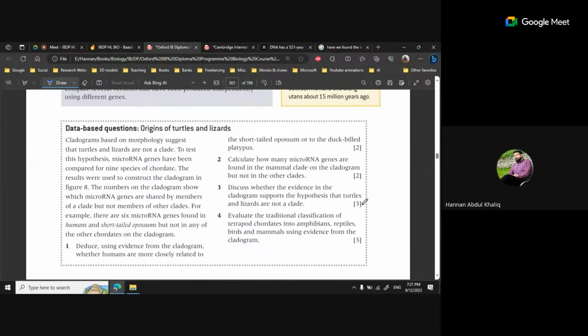Calculate how many microRNA genes are found in the mammal clade on the cladogram. Discuss whether the evidence in the cladogram supports the hypothesis that turtles and lizards are not a clade. Evaluate the traditional classification of tetrapod chordates into amphibians, reptiles, birds, and mammals.